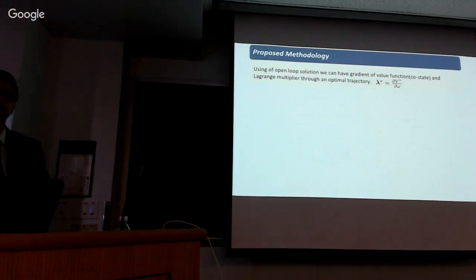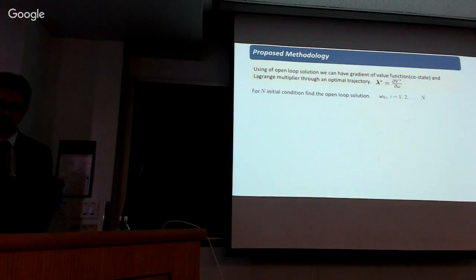Now I want to go to my own problem. I will use the open loop solution to help me find the feedback law. You know that the co-state in the open loop solution is actually the sensitivity of the value function with respect to states, or the gradient of the value function.